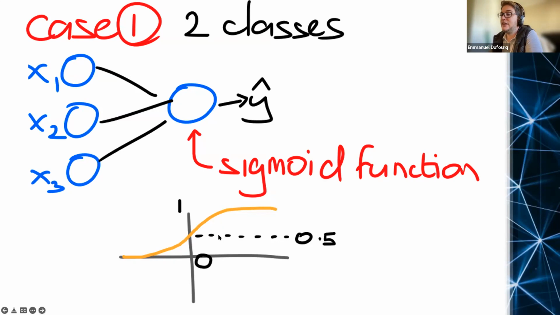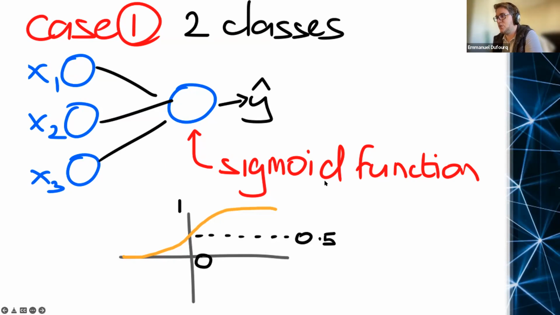And we can say if the network output is less than 0.5, then the network is producing a class of 0. And if the value is greater or equal to 0.5, then the network is outputting a value of 1, in other words, class 1. So we have a 2-class problem, 0 or 1.